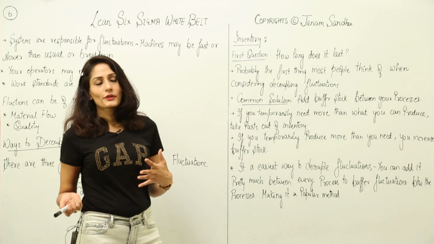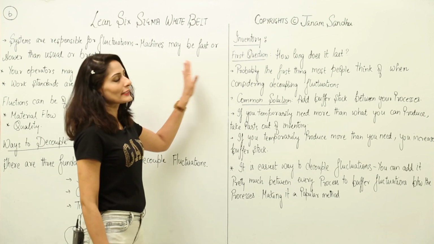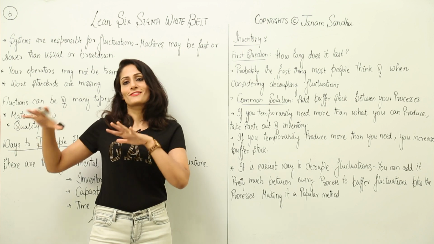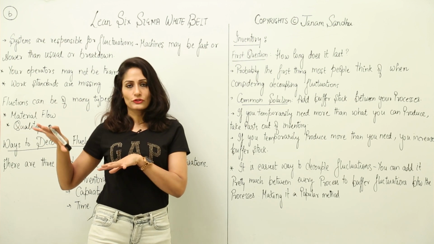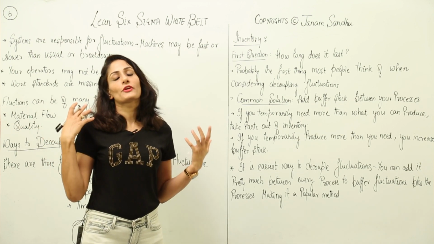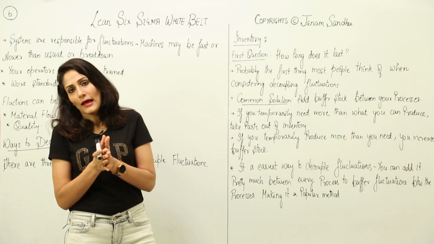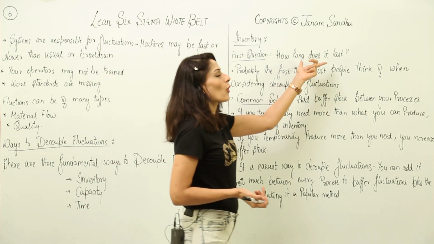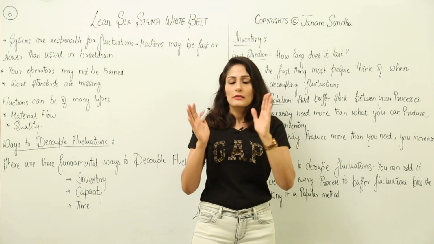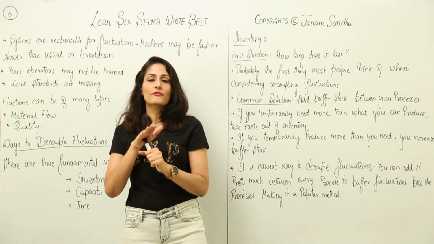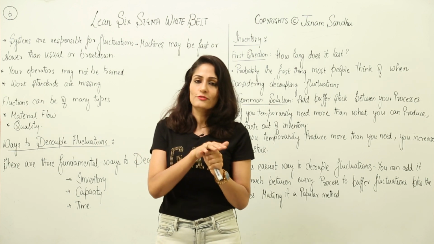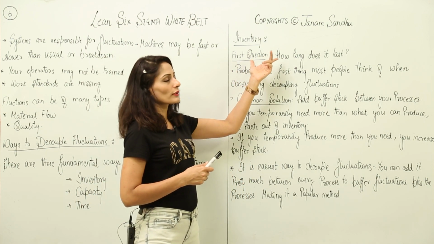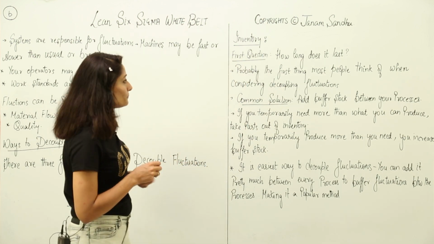When we talk about inventory, if we really need to stabilize our processes and get rid of the fluctuations, the first question that comes to mind is how long it lasts. Do we have inventory for one month, for six months, for a week, for one day? This is the question we ask ourselves.